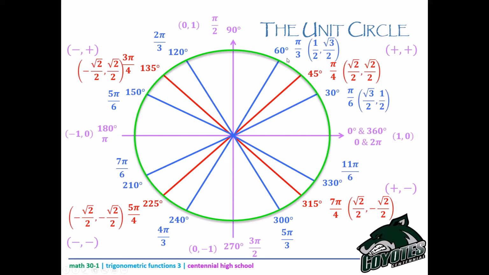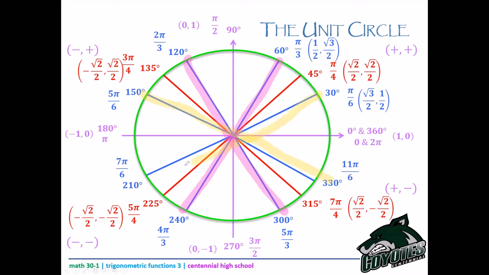So what I want you to notice, and this is pretty easy to see, I'm hoping, all the over 3s have the same reference angle. Okay, and all the over 6's also have the same reference angle.